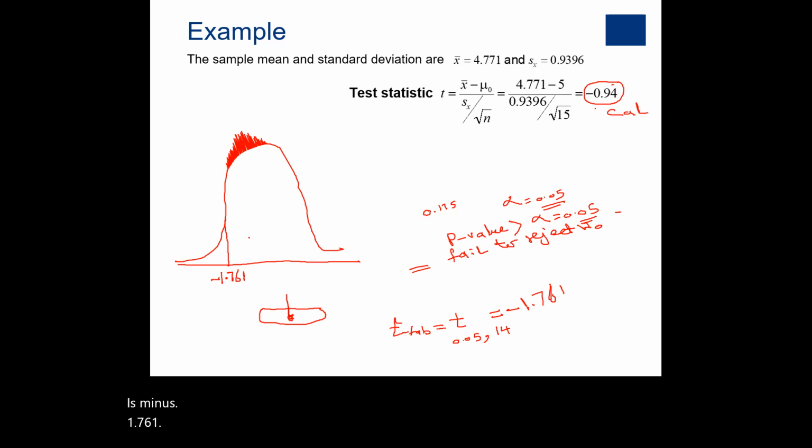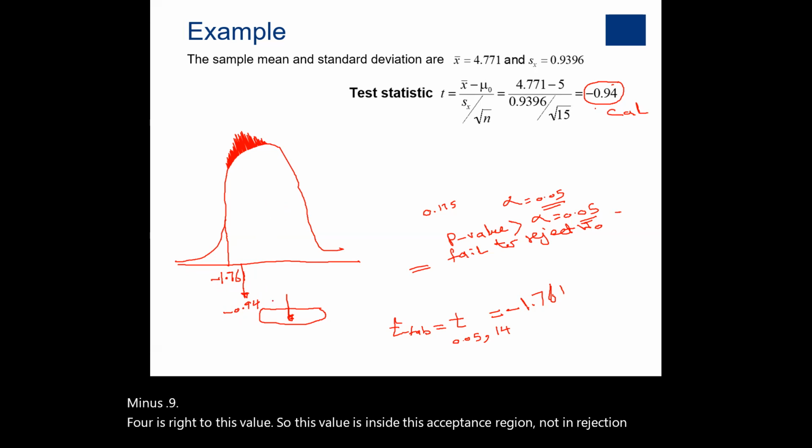Now, minus 0.94, is it here or here? It is to the right of this value. So this value is inside the acceptance region, not in the rejection region. So we fail to reject H naught.